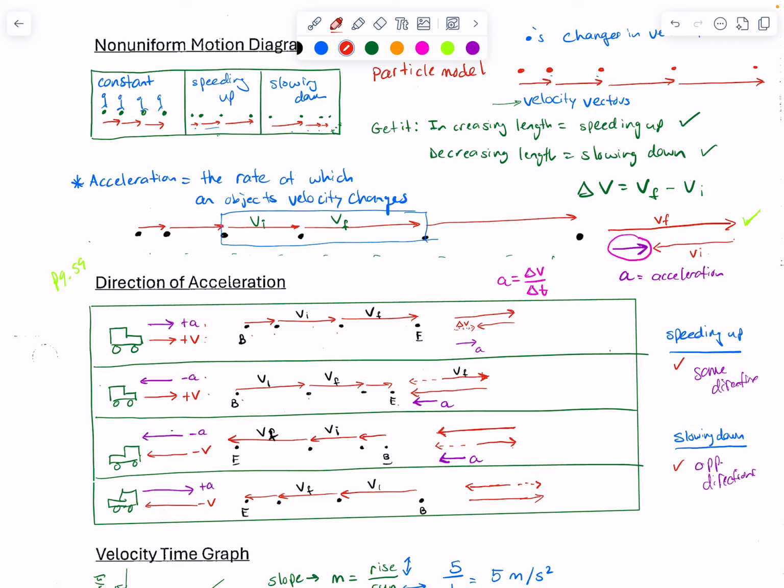So our acceleration is going to be what's left here. Now it's going opposite directions. Yeah, opposite directions. So we're good. Opposite directions, and that's why it's slowing down, going the other way. All right, so that was kind of my notes from that part there.